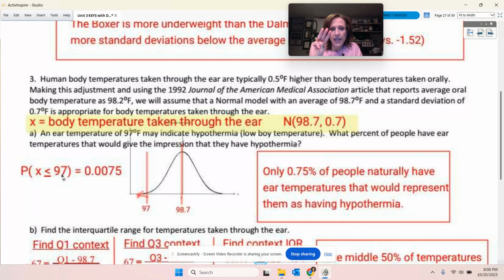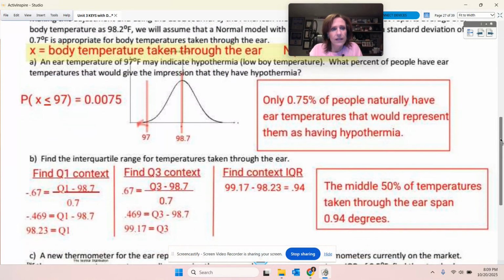Number 4, draw a picture with the mean, the cutoff boundary, and any area. Number 5, get the answer. When I did this in Desmos, I got 0.0075. You don't have to write this answer in context.